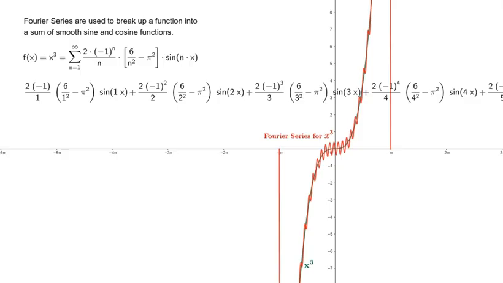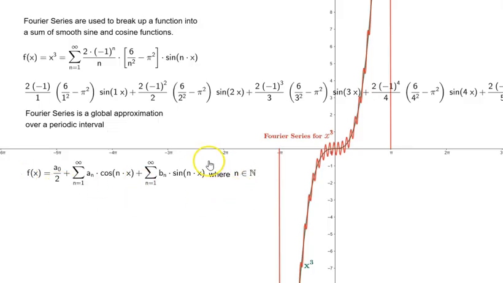So this is called Fourier series. Fourier series are used to break up a function into a sum of smooth sine and cosine functions. Fourier series is a global approximation over a periodic interval.